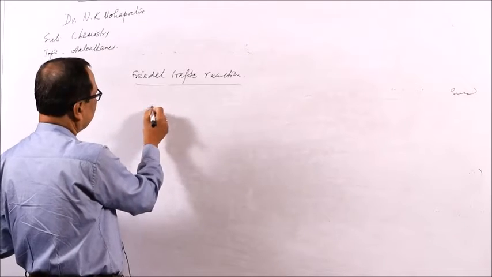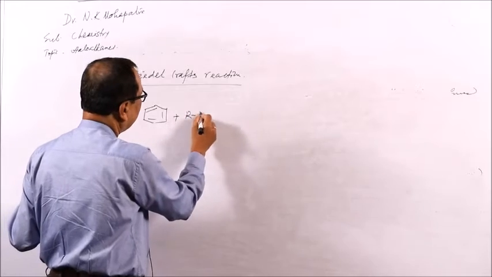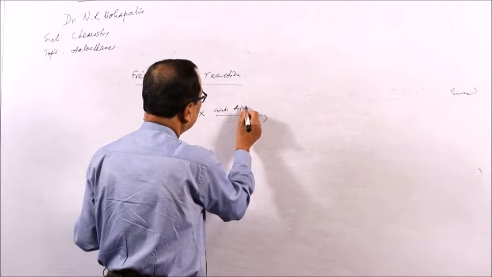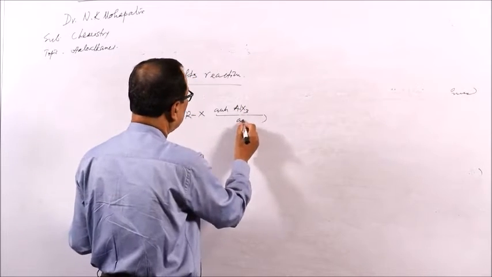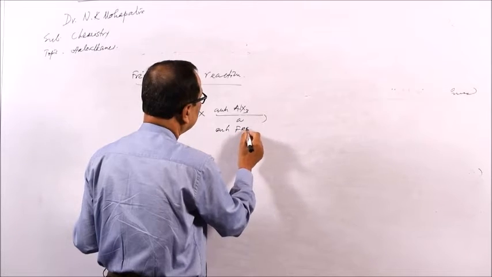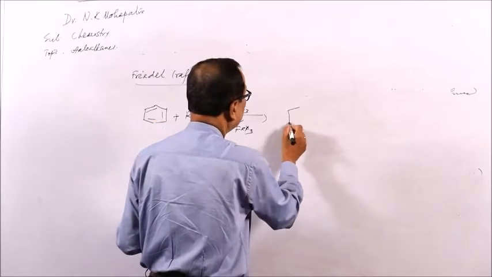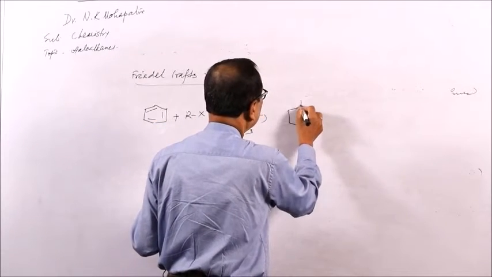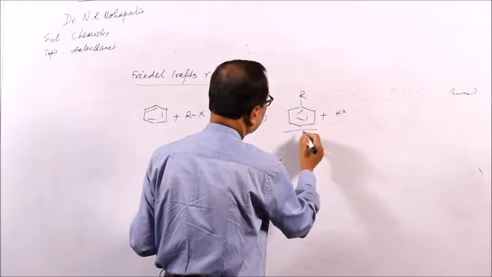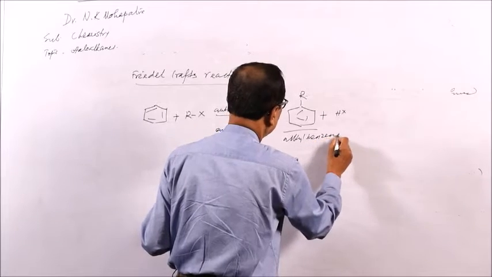For example, when benzene is treated with RX in presence of anhydrous AlX3 or anhydrous FeX3, the product formed will be R-benzene plus HX. So this is alkyl benzene.